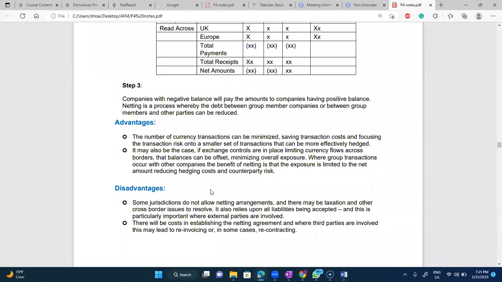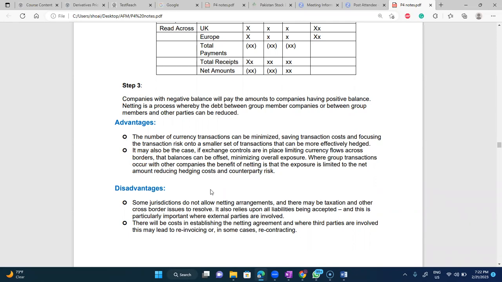Disadvantage: some jurisdictions do not allow netting arrangements. There may be taxation and other cross-border issues. There will be costs in establishing the netting agreements, and where third parties are involved, this may lead to reinvoicing, in some cases recontracting.